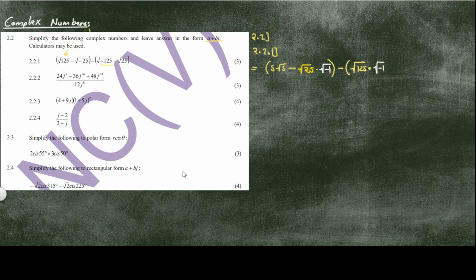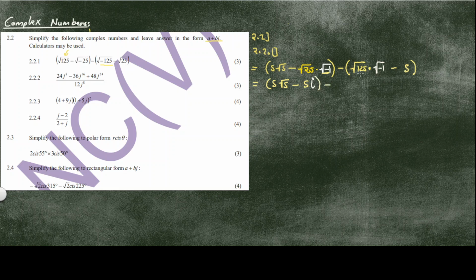What's the square root of 25? It's just 5, right? And then for this one, it's square root 5, square root 5, minus the square root of 25, which is 5. And then here the square root of minus 1 is i.